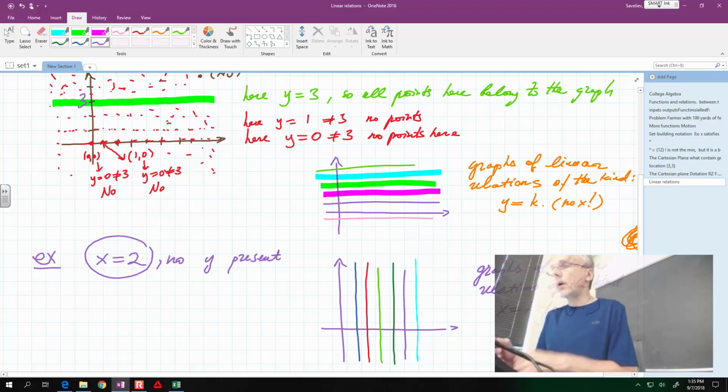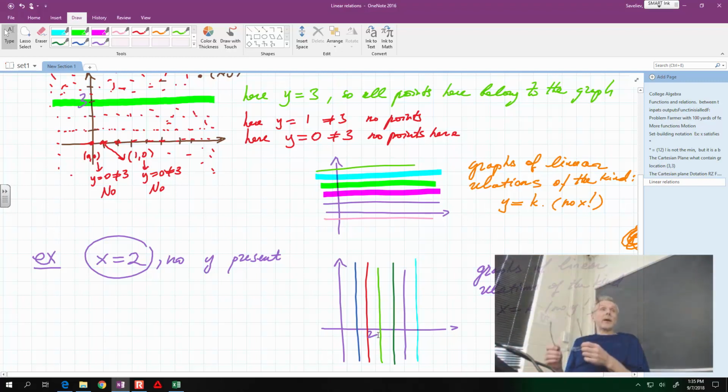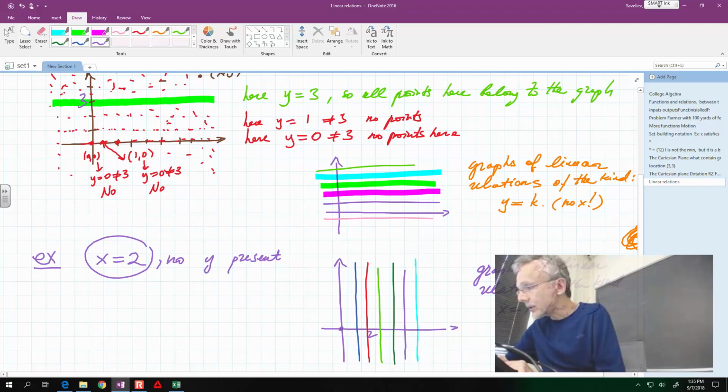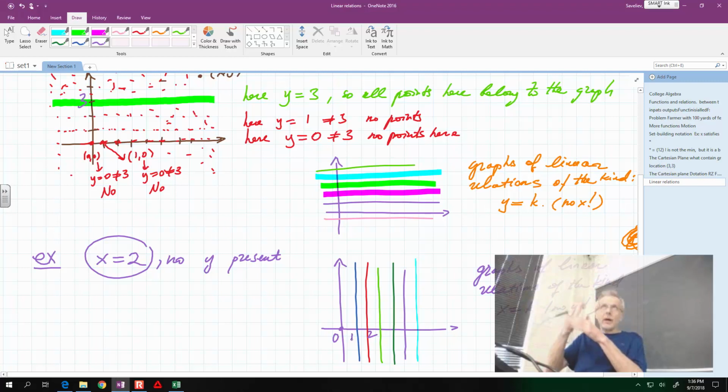So x equal 2 is one special case, say this one. As you can see, these lines are parallel, which means that they never intersect, just like those horizontal ones. But also you can draw through every point on the x-axis. So you can pick 0, 1, 2, 3, but also every value in between, and draw a vertical line through that point.